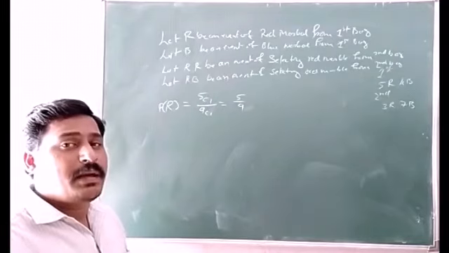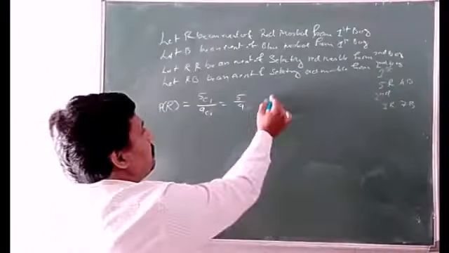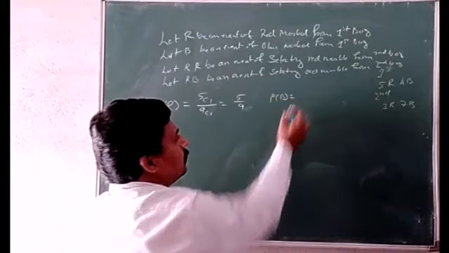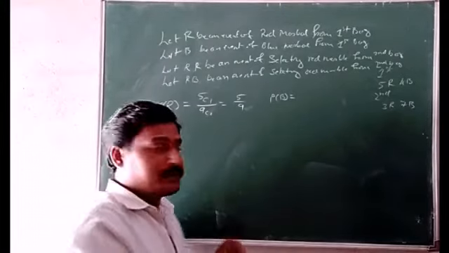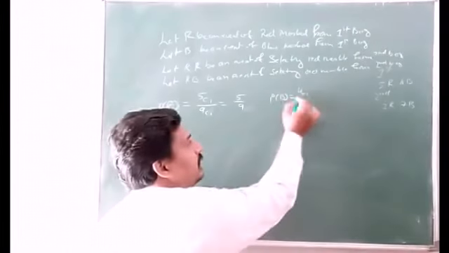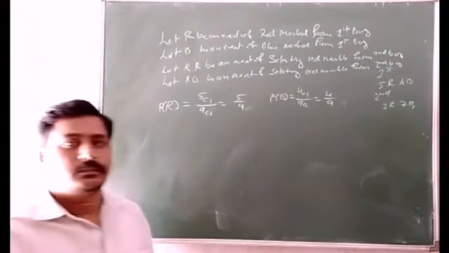Now probability of selecting blue marble, so P of B is equal to, 4 blue marbles are there, we are selecting one, so that is 4C1 divided by 9C1, that is 4 divided by 9.